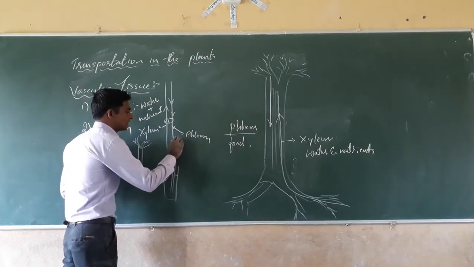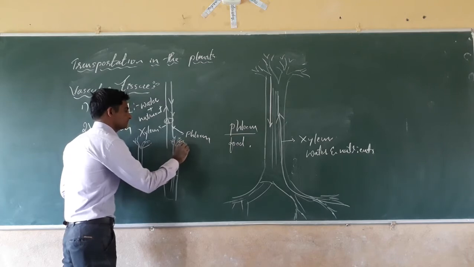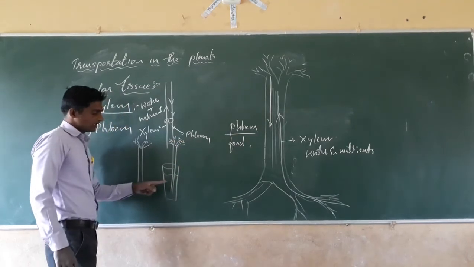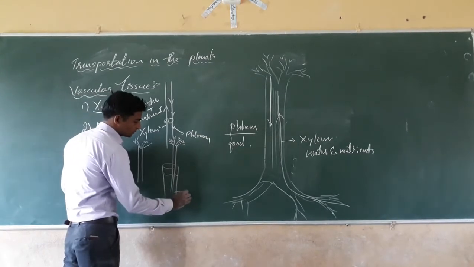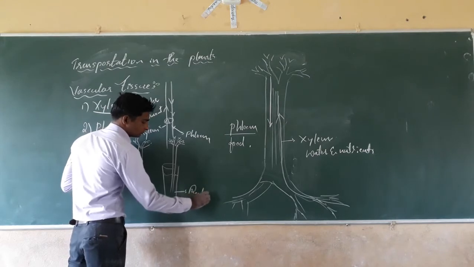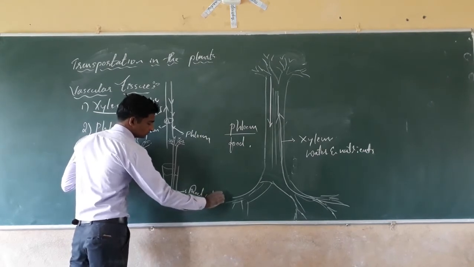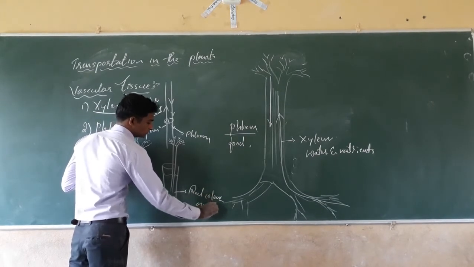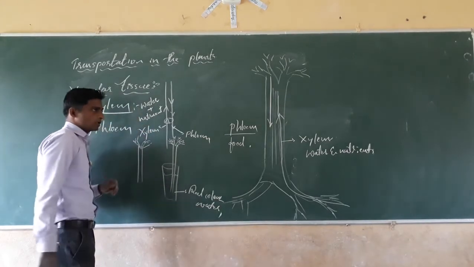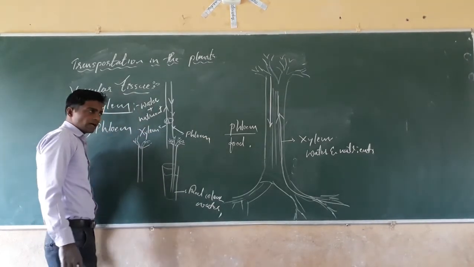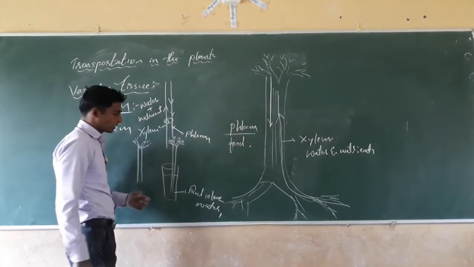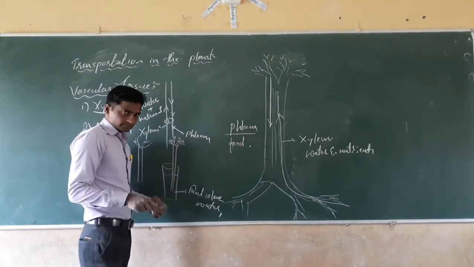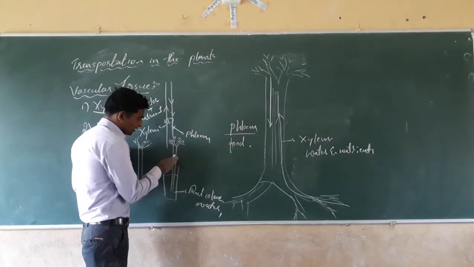Leave it for a few hours, in the glass containing red color water. After a few hours, one or two hours, minimum one hour, what happens? You have to take the stem and cut it from here.